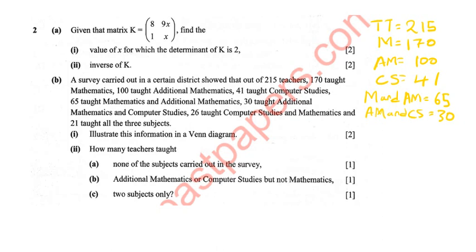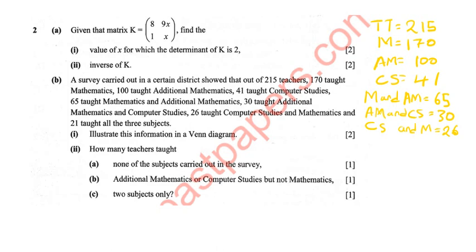So you say computer studies and mathematics, they were how many? They have said they were 26. So write 26, like that. And then they have said that 21 taught all the three subjects.